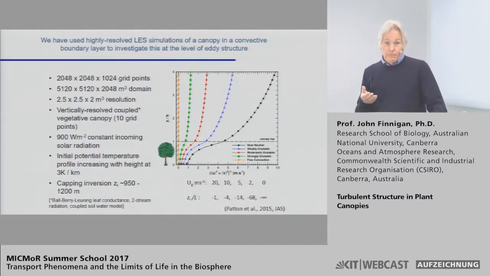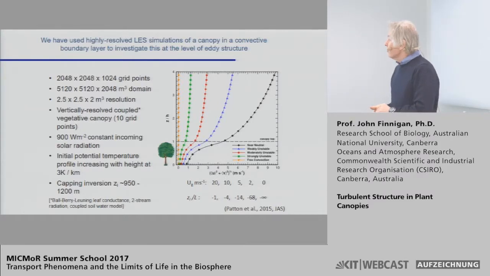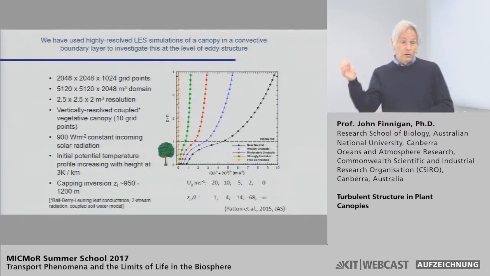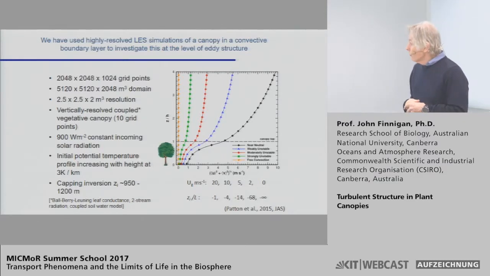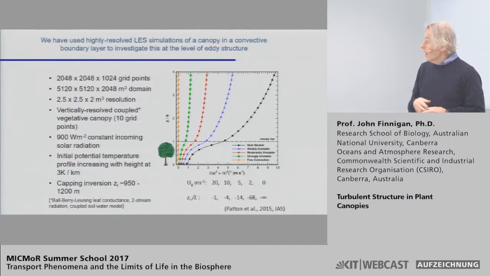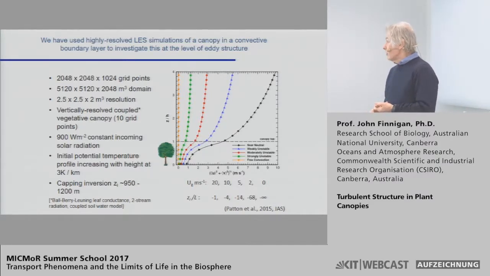So this is, if you like, before the boundary layer gets going in the morning. And the thing that's varied is the geostrophic wind, varying from 20 meters per second, so strong near neutral conditions all the way through the boundary layer, to 0, so free convection. And looking at 5 things: neutral, near neutral, moderately unstable, strongly unstable, and free convection.